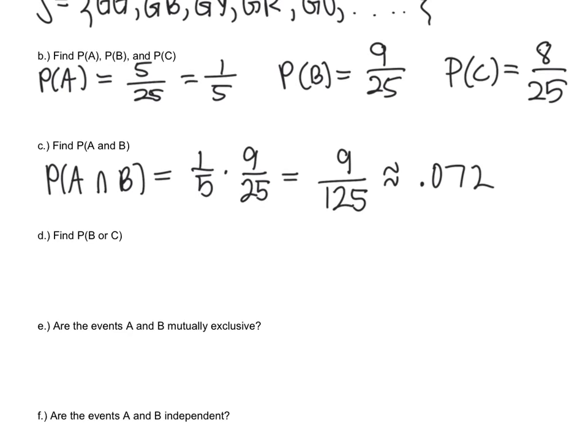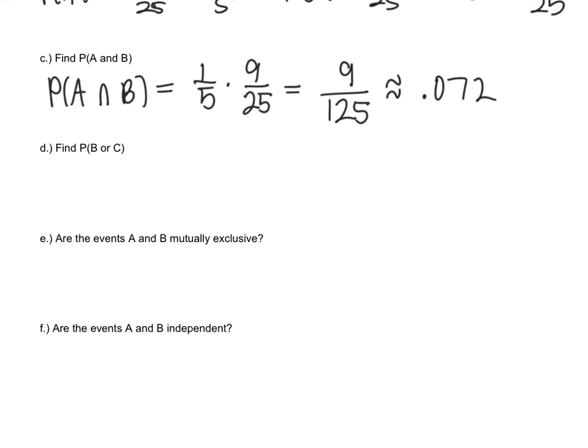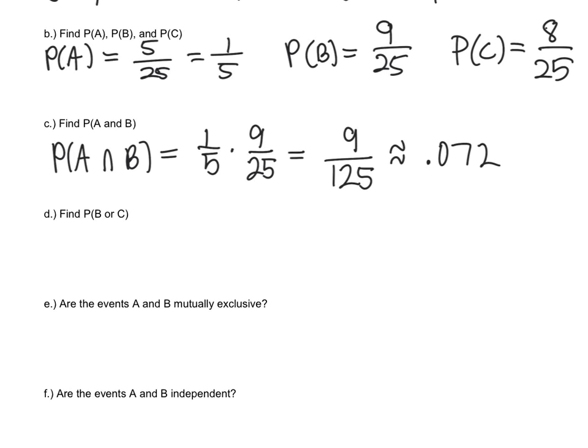Next, we want to find the probability of B or C. So that's the probability of spinning at least one blue or exactly one yellow. So probability of B or C, the probability of spinning at least one blue is 9/25, plus the probability of spinning exactly one yellow is 8/25.